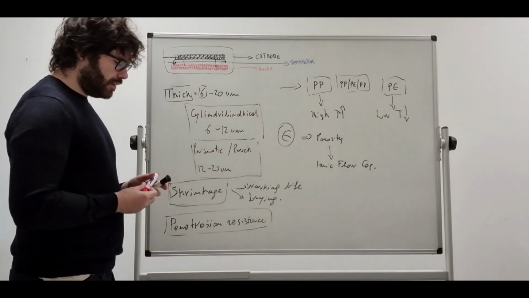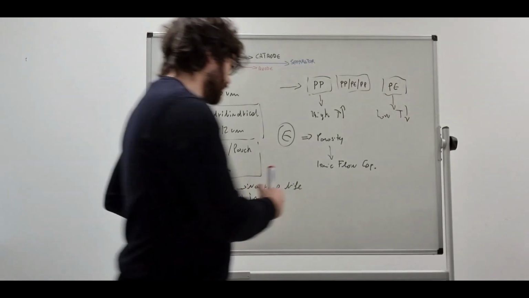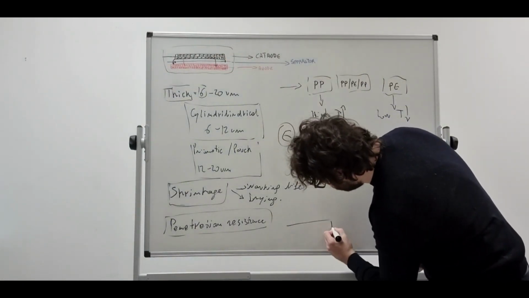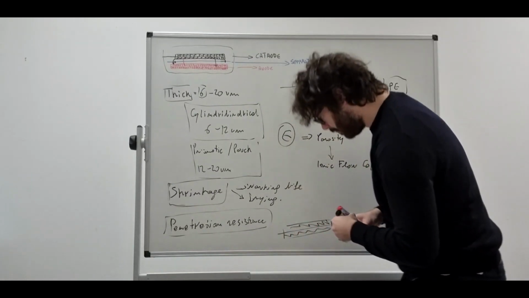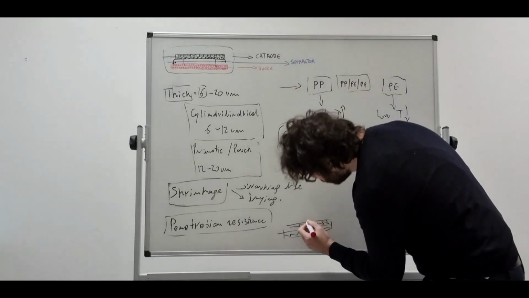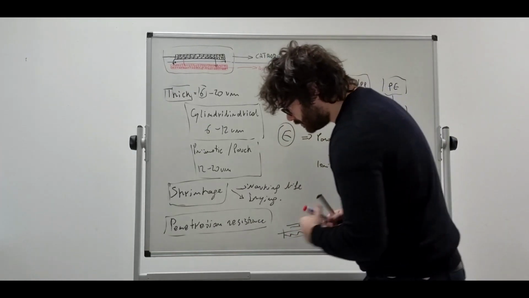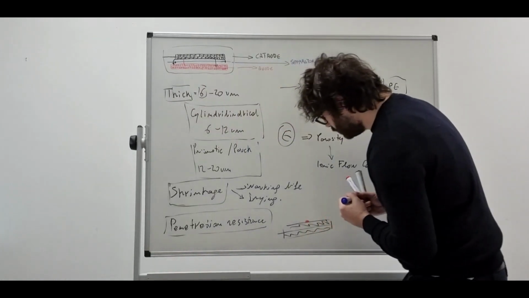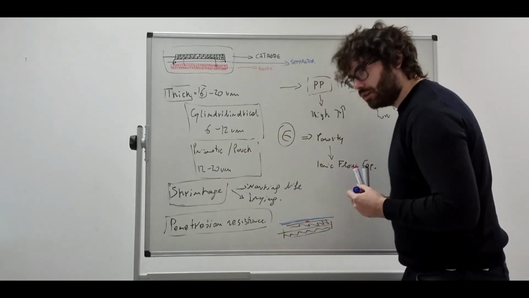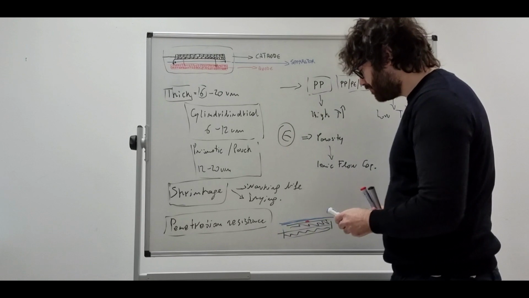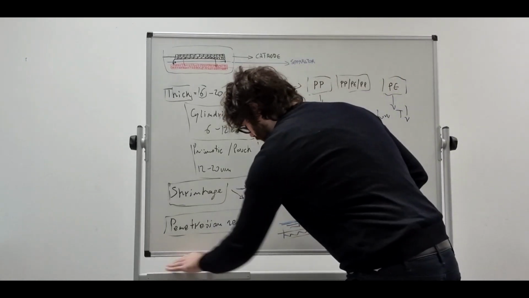Okay, if we assume to have a cathode, so this is our cathode structure, and here there is a small metal particle, and in blue we will have our separator. Okay, during charging and discharging, and here we can say there is an anode.